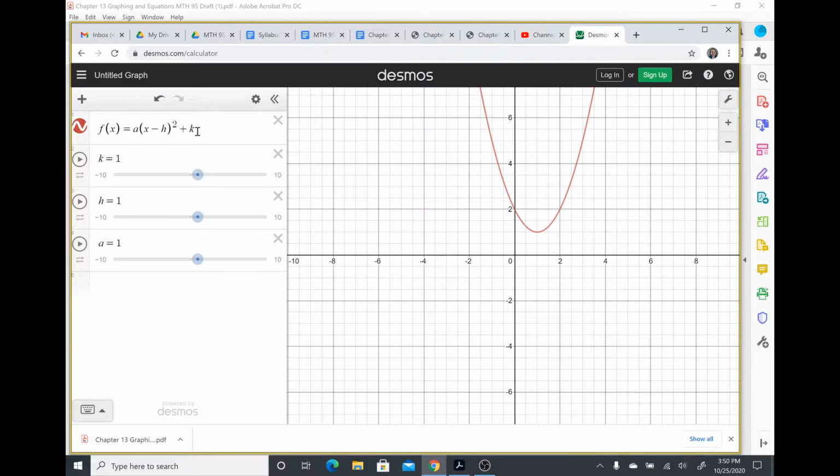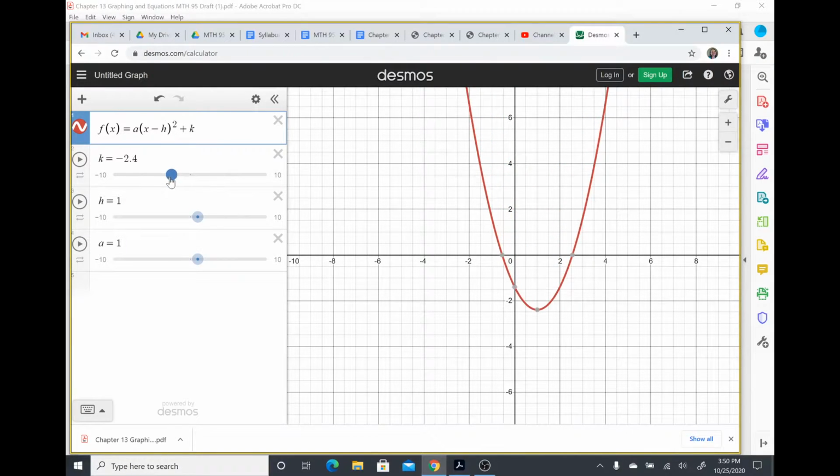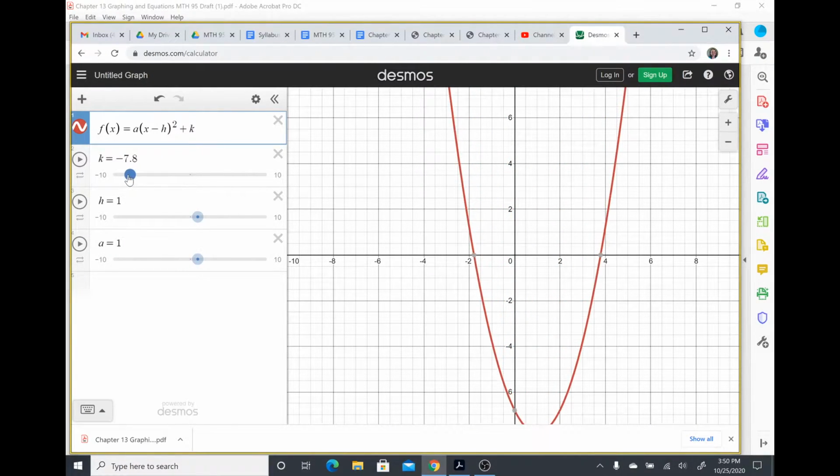We were asked to shift, and I wanted you to see how shifting occurs. So you can just mess around with k, for instance. And k is the number on the end. If we increase k, you can see what's happening. Our graph is shifting up, and if we decrease k, the graph is shifting down.